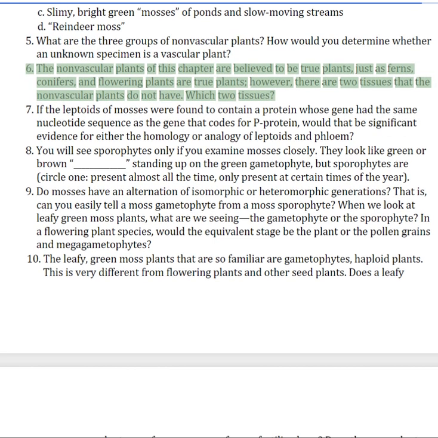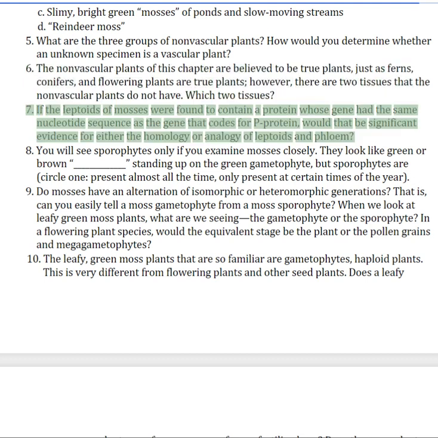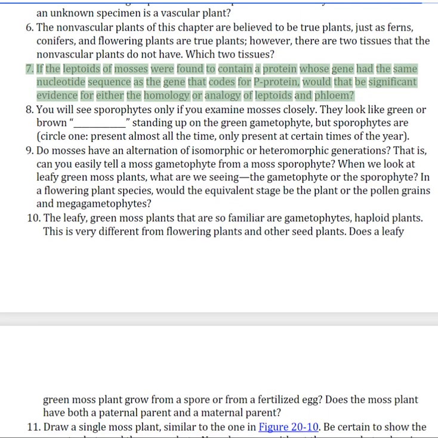The non-vascular plants of this chapter are believed to be true plants, just as ferns, conifers, and flowering plants are true plants. However, there are two tissues that the non-vascular plants do not have. Which two tissues? 7. If the leptoids of mosses were found to contain a protein whose gene had the same nucleotide sequence as the gene that codes for P protein, would that be significant evidence for either the homology or analogy of leptoids and phloem?